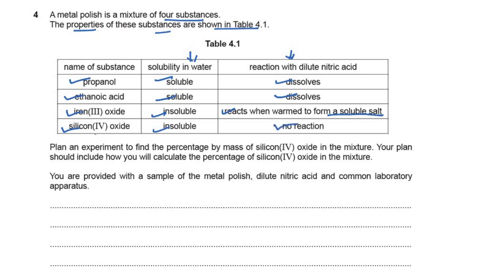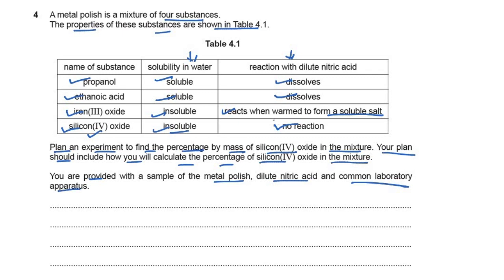So silicon 4 oxide doesn't dissolve in the water and doesn't react with the dilute nitric acid also. Now let's read the main question. Here it says plan an experiment to find the percentage by mass of silicon 4 oxide in the mixture. Your plan should include how you will calculate the percentage of silicon 4 oxide in the mixture. You are provided with a sample of metal polish, dilute nitric acid and common laboratory apparatus.